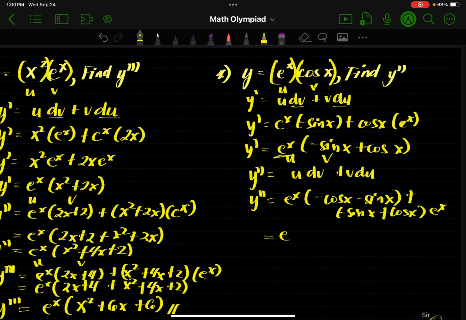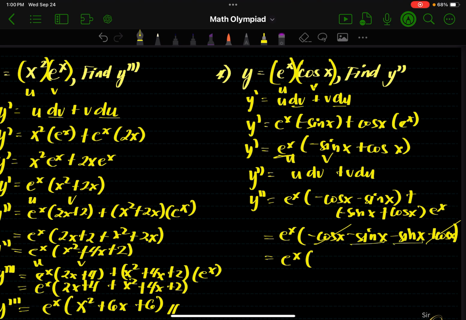Then factor out e raised to x. The remaining terms inside are negative cos x minus sine x plus cos x. Copy e raised to x, and simplify. Negative cos x plus cos x is 0.